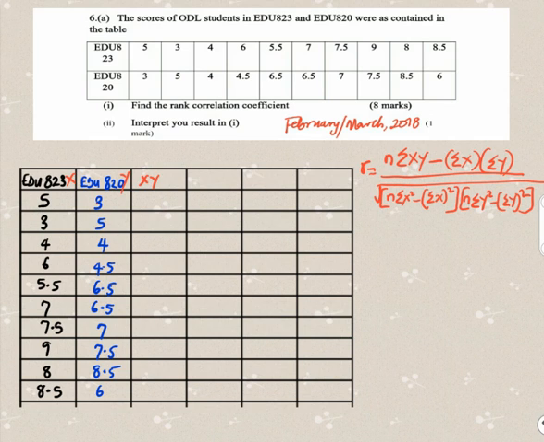We have x, y. It means we multiply x and y. So we have 5 times 3, 15. 3 times 5, 15 as well. 4 times 4, 16. 6 times 4.5, we have 27. 5.5 times 4 times 6.5, that will be 35.75.